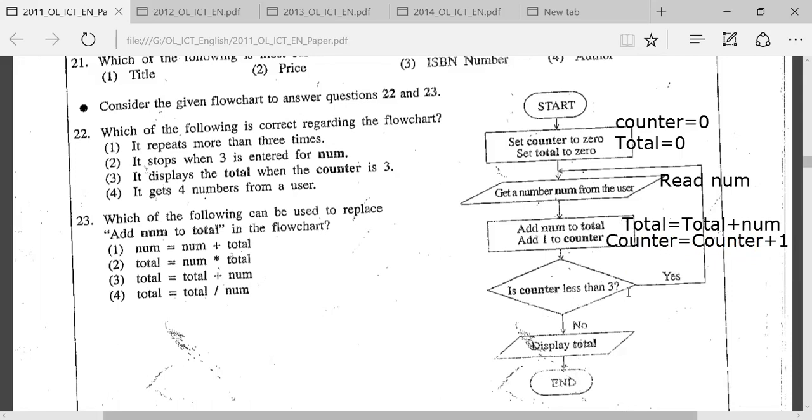Is counter less than 3? Right? So these are the conversions of the flow chart which I have done to do the questions easily.